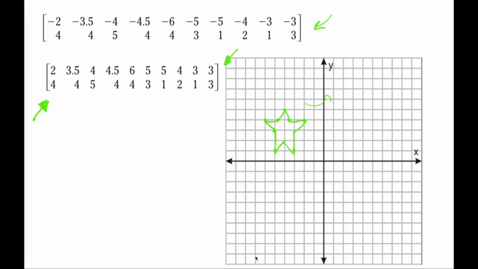So 2, up 4, 3.5, 4, 4, 5, 4.5, 4, 6, 4, 5, 3, 5, 1, 4, 2, 3, 1, and 3, 3. And that gives us this figure, which is reflected over the y-axis.